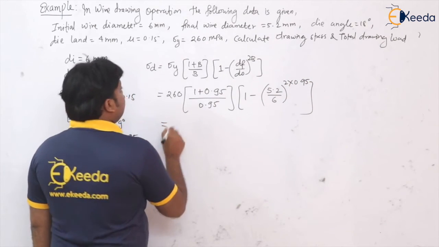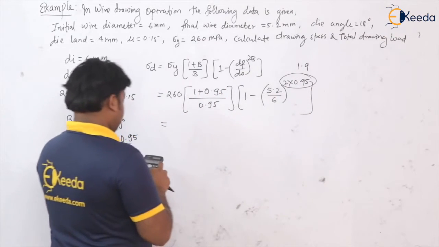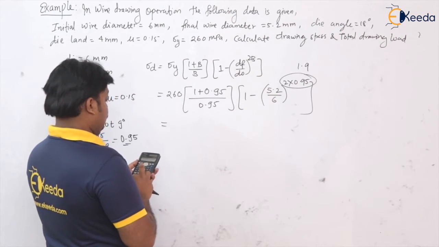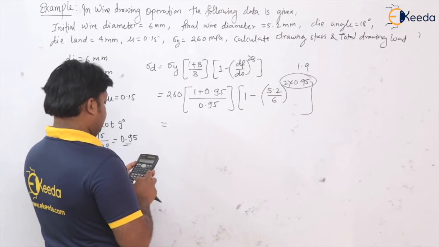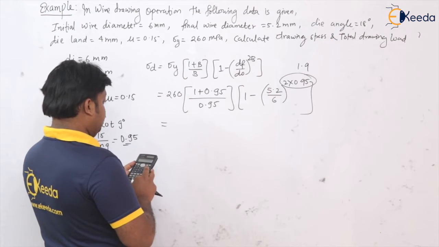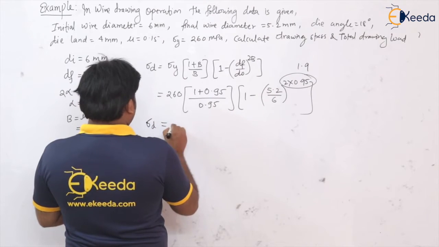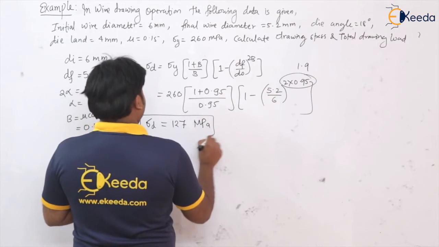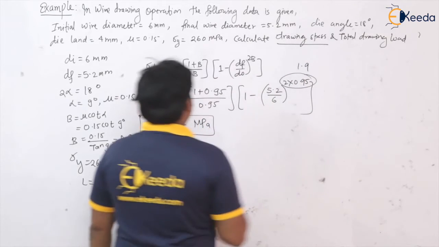Simplify this, and sigma D comes to 127 megapascal.